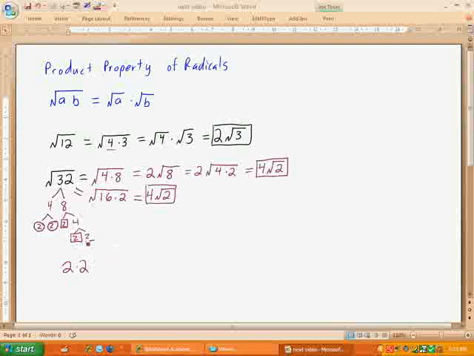And then I have a 2 that doesn't have a pair. The number that doesn't have a pair has to stay inside the square root, because I'm trying to take numbers out of my square root to make them smaller and simpler. Now I'm going to take this 2 times 2 and multiply it, and I get 4 root 2, which again is the same thing that I got using these other methods.